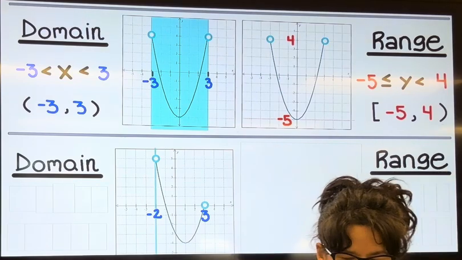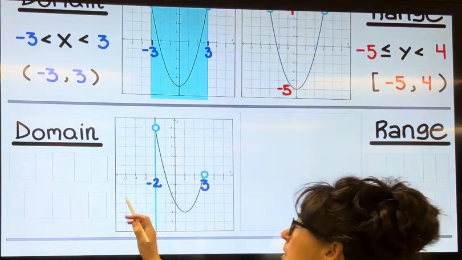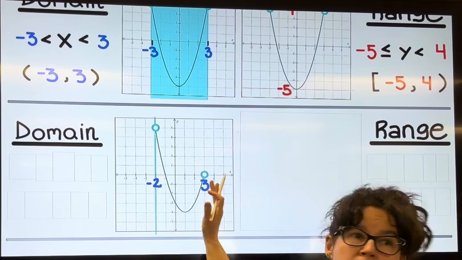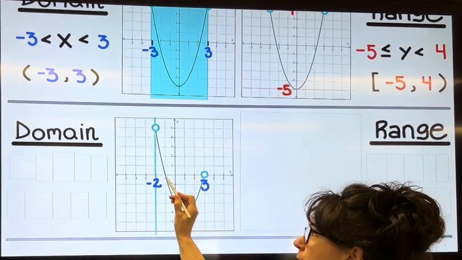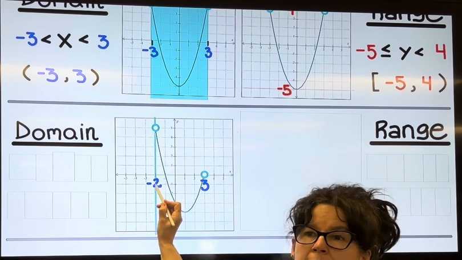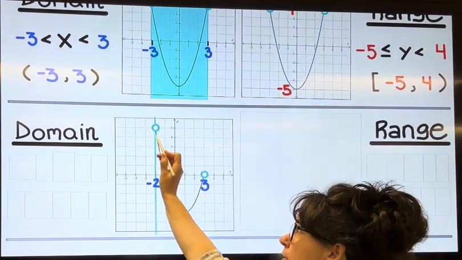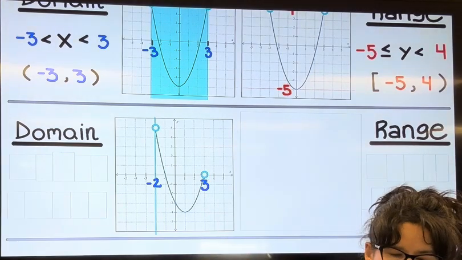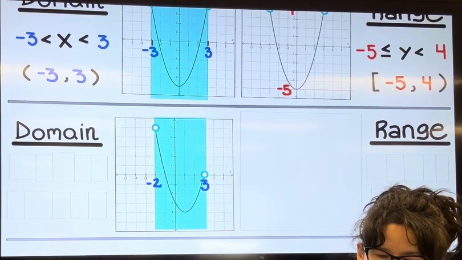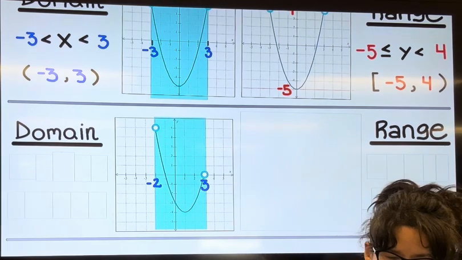Okay, last example here. Going from left to right, what's the farthest left we can move on our graph? See how that's at -2? The farthest right we can go is 3. So the graph is staying between -2 and 3.